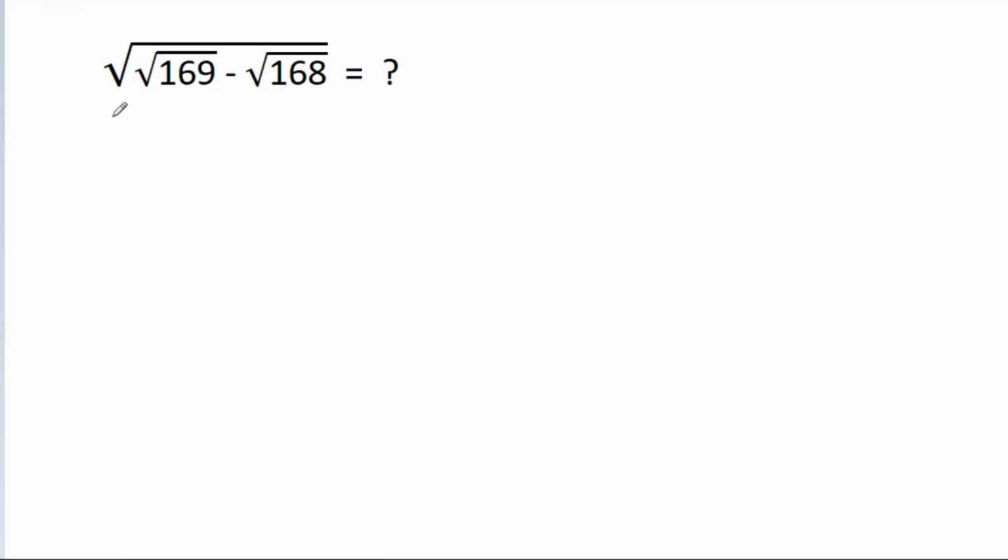We have to find the value of the square root of (√169 − √168). So, the first method.